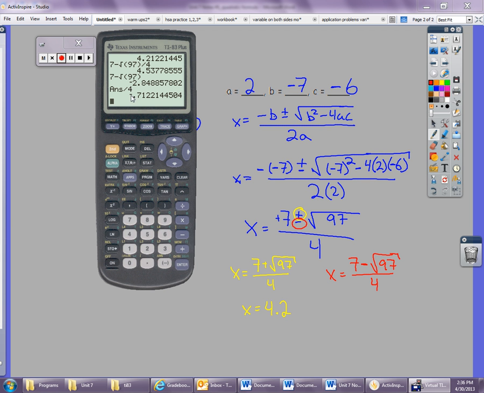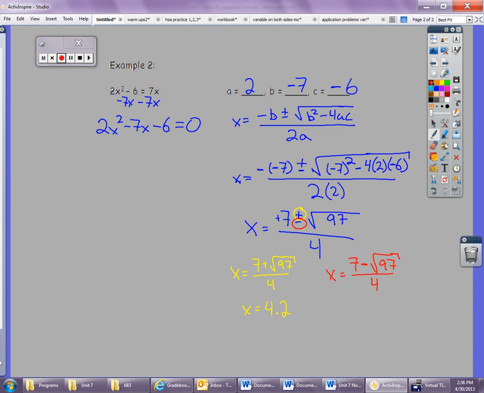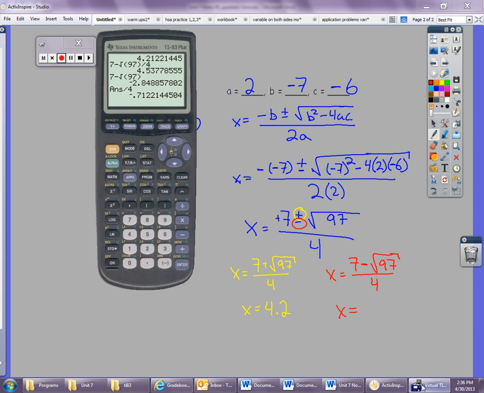So we get negative 0.7. So x is about negative 0.7. So if you type it all in together, it's going to do the order of operations and divide first, subtract second. Whereas we want to subtract our numerator first and then divide. So that's why we have to do the numerator and then the denominator. So we get x equals negative 0.7.